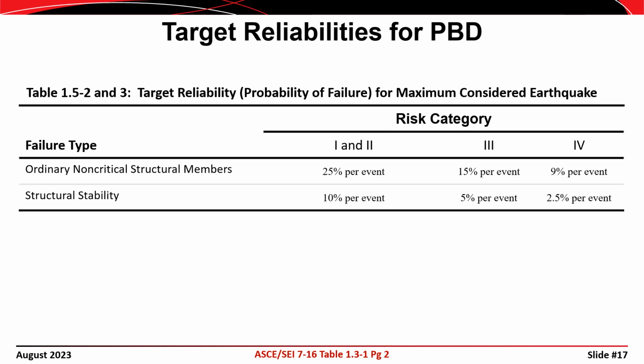So if you look at the different categories of buildings for risk category 1 and 2 building, for a non-critical member, we're looking at a 25% chance of failure per event. If we look at a risk category 4 building, for instance, we're looking at a chance of failure or collapse of the building of 2.5% per maximum considered earthquake. So these are a lot higher, but they're still relatively small.